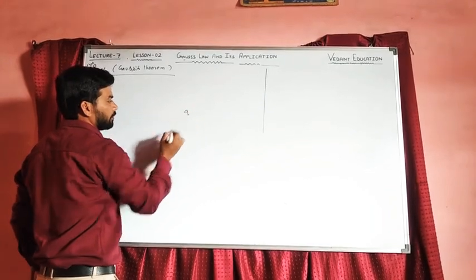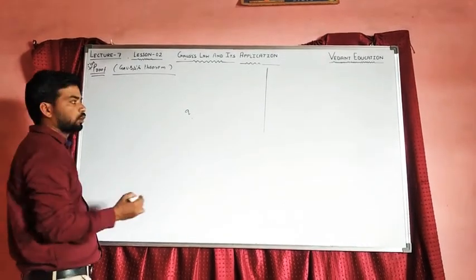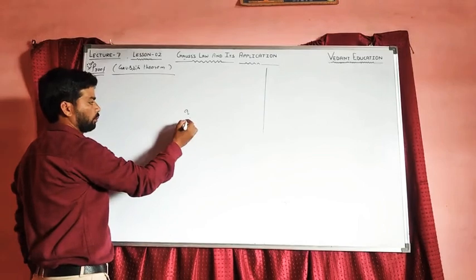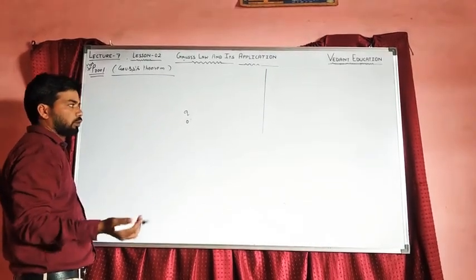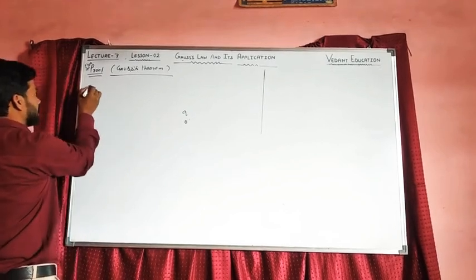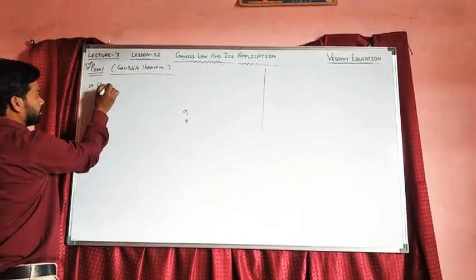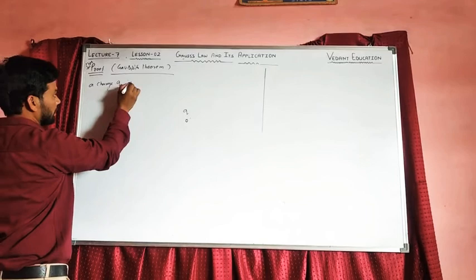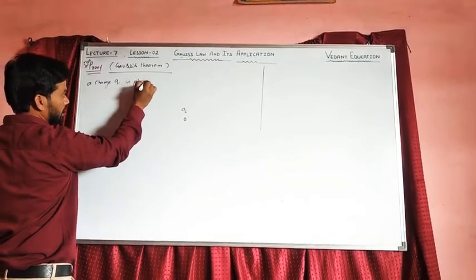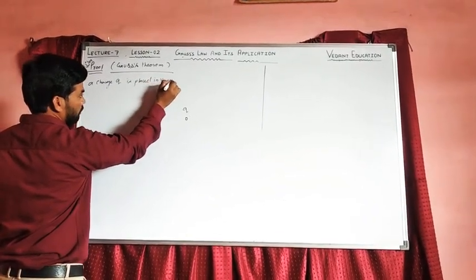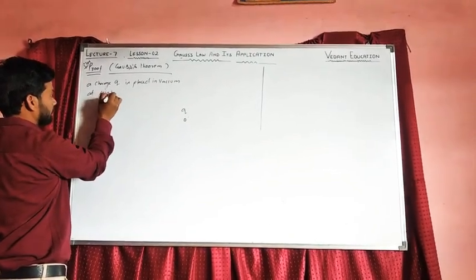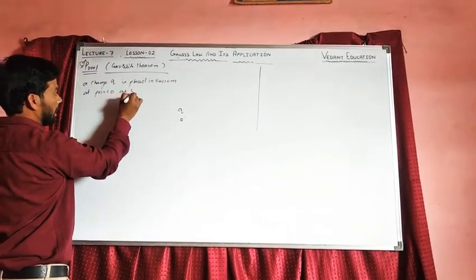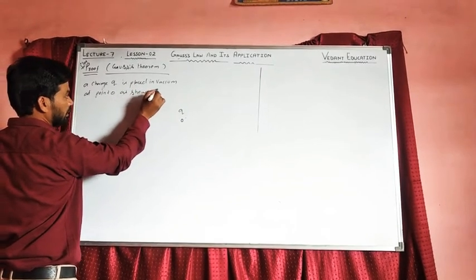Let there be a point charge Q placed at point O in vacuum, as shown in the figure.